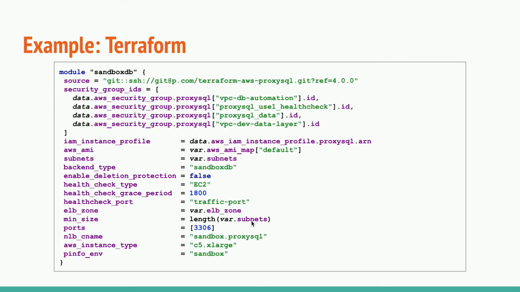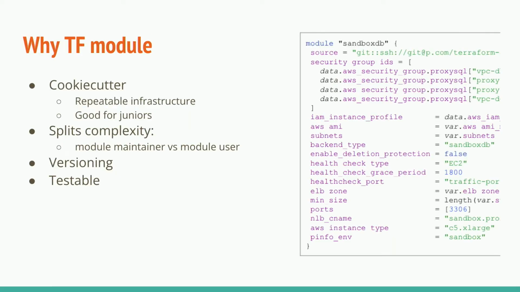This is important to have at least one ProxySQL instance in each availability zone where we run ProxySQL. Okay, and the CNAME. The CNAME is the DNS name that you give to a customer to connect to the database. Module.